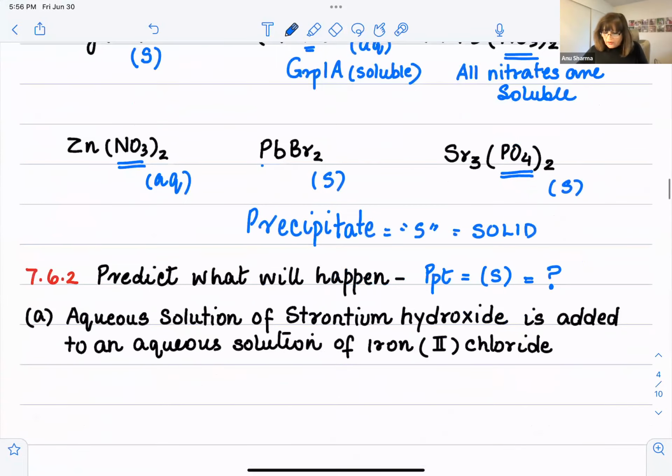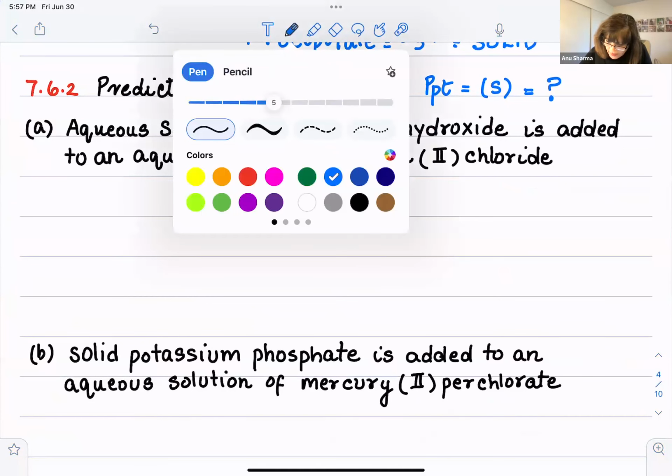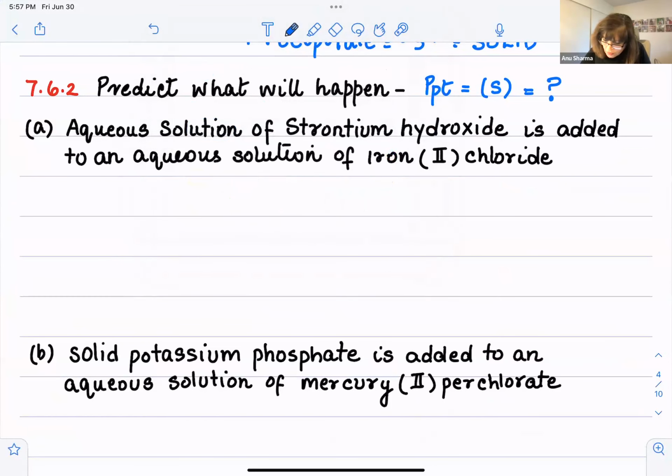Okay. All right, predict what will happen. Now here you have the aqueous solution of strontium hydroxide. Sr, strontium, is group 2A, so this will have a +2 charge. Hydroxide is OH minus, which is a -1 charge.